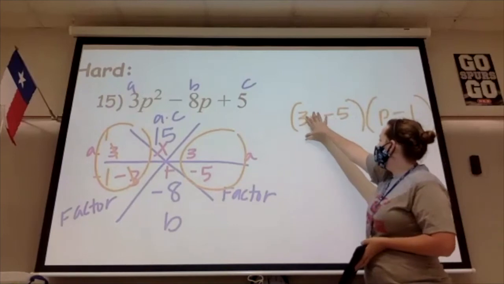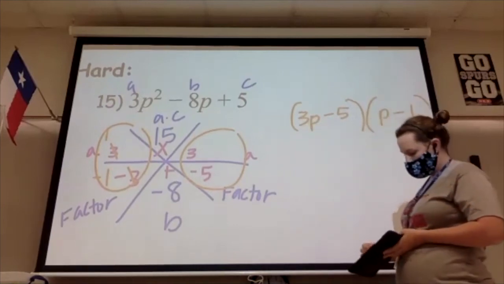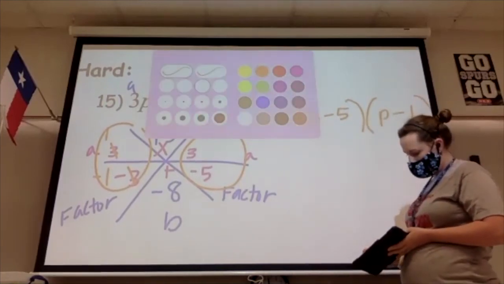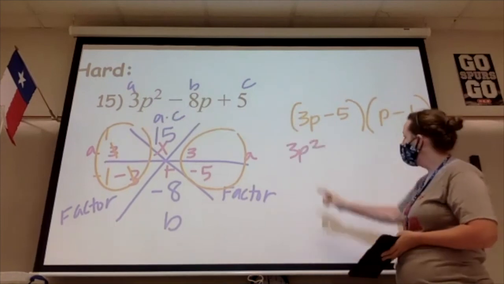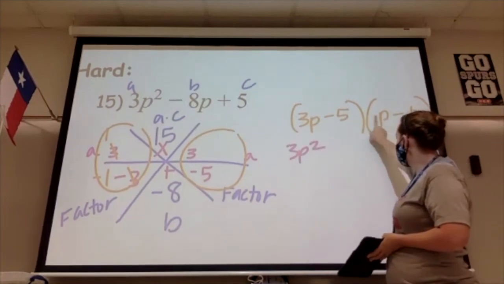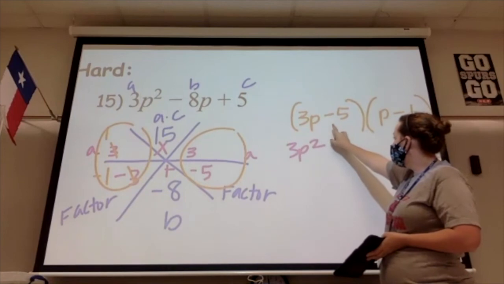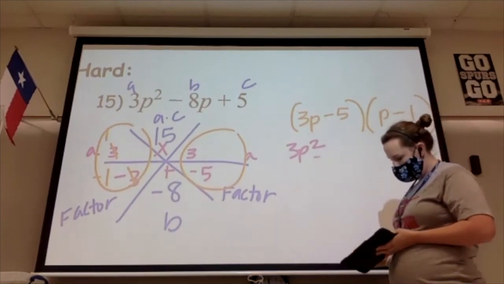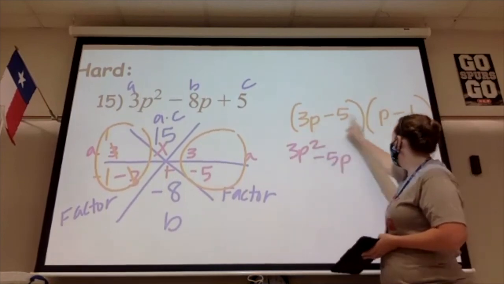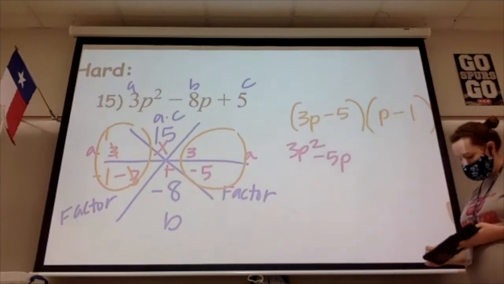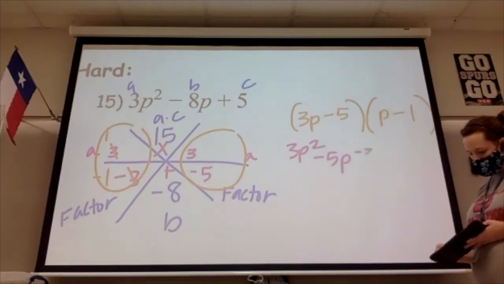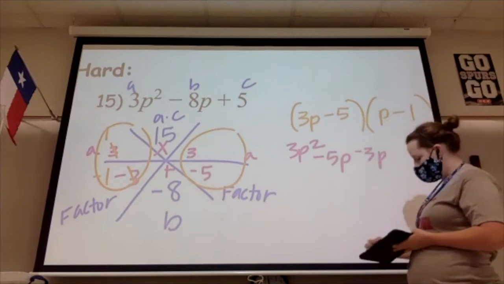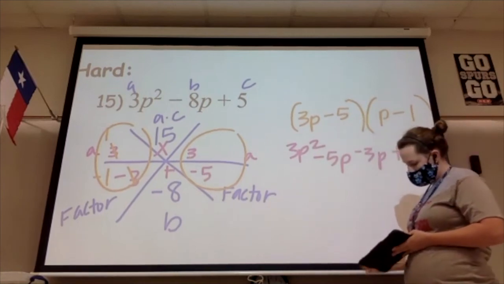Okay, so if we distribute it out, 3p times p. Negative 5 times p, negative 5p. 3p times negative 1, negative 3p. Negative 5 times negative 1, plus 5.